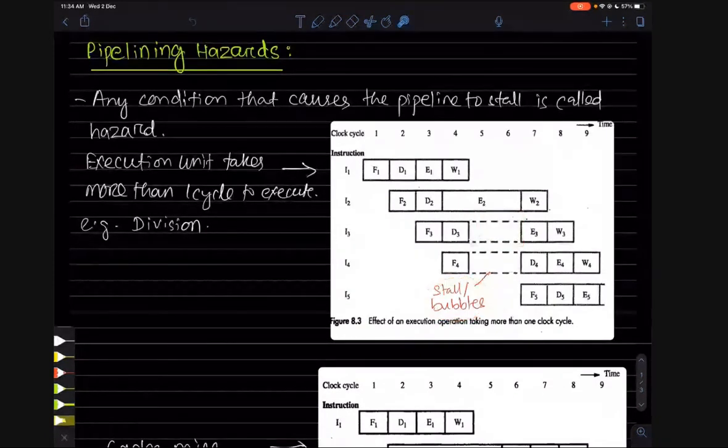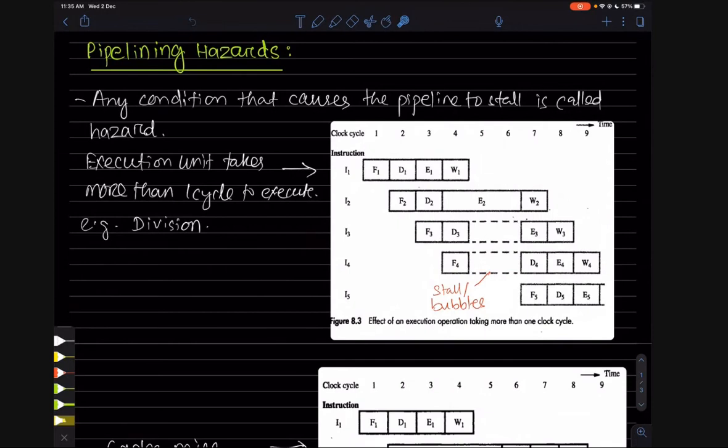Like that, the fetch unit has already fetched the instruction, but it is waiting to decode because the decode unit is already occupied by the previous instruction. So this two clock cycle bubble will be there for all the following instructions. This two clock cycle bubble or stall is not recoverable.